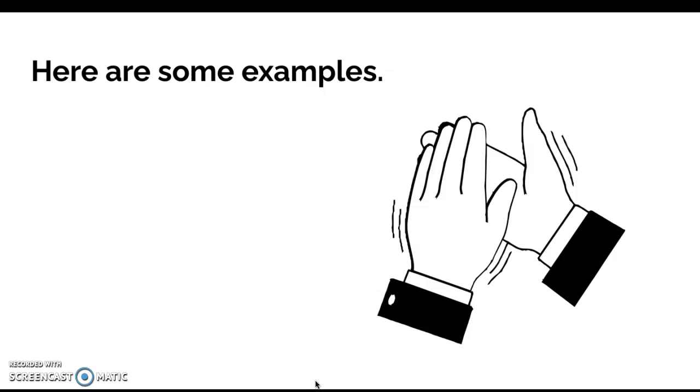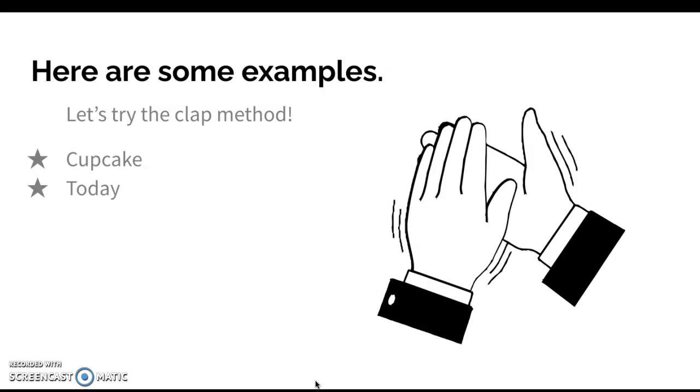So let's look at some examples of 2-syllable words, and we are also going to try the clap method. So our first word is cupcake, and we can break this down by saying cup-cake. Our next word is today, and this would be broken down as to-day.